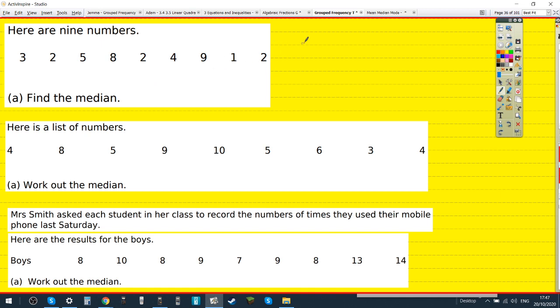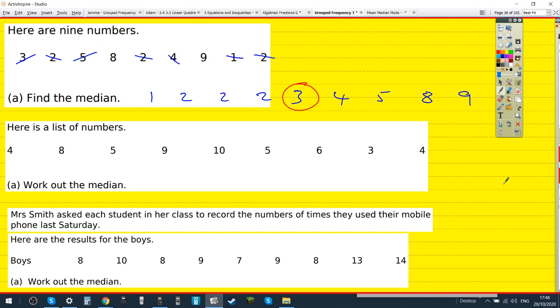You have to first order them smallest to biggest. Okay, so 1, 2, 2, 2, 3, 4, 5, 8, 9. Mm-hmm. And so median? 3. Yeah.